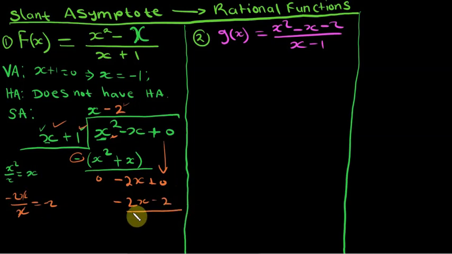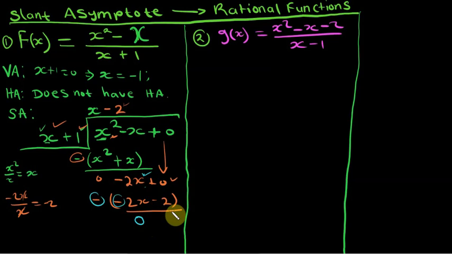Therefore, we subtract these from this. Minus 2x minus minus 2x: minus and minus becomes positive, so minus 2x plus 2x is 0.